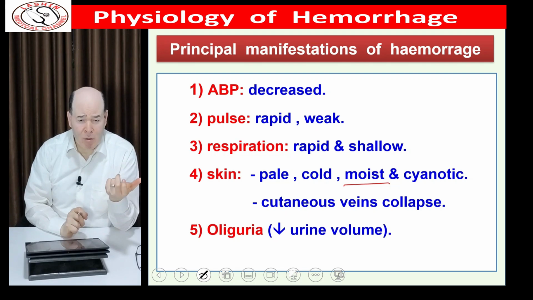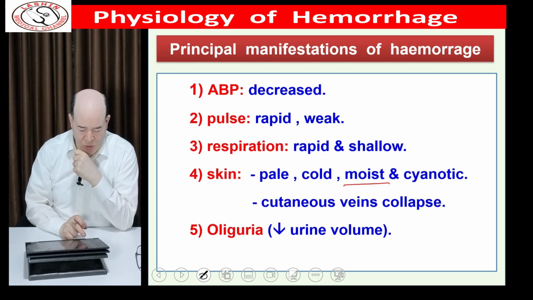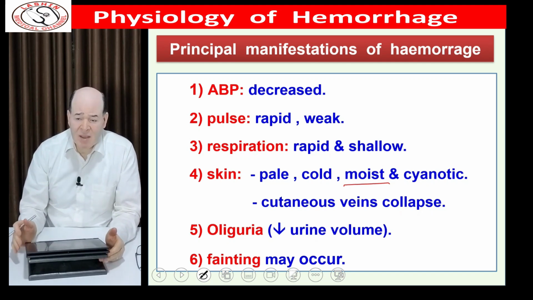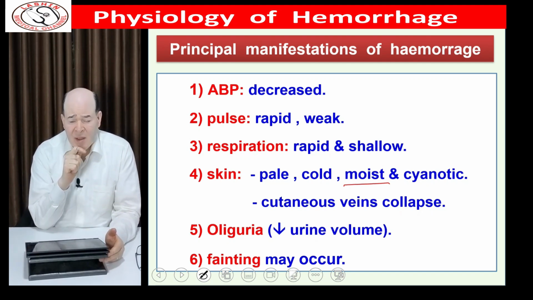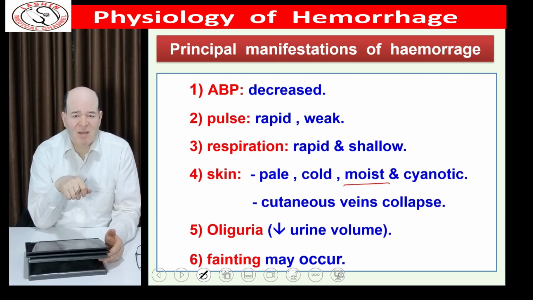We have also oliguria. However, this sign correlates with chronic hemorrhage. Fainting may be a sign for hemorrhage. However, persons with life-threatening internal hemorrhage can be fully conscious. But presence of fainting together with suspicion of internal hemorrhage, this is a very bad sign.